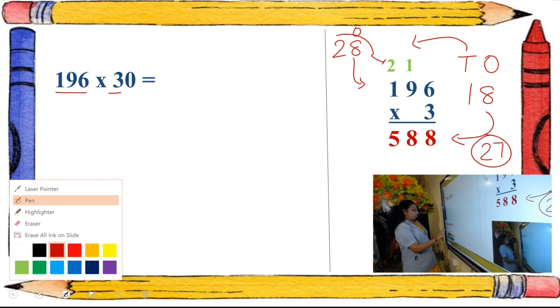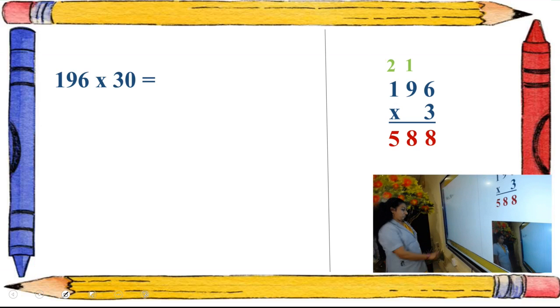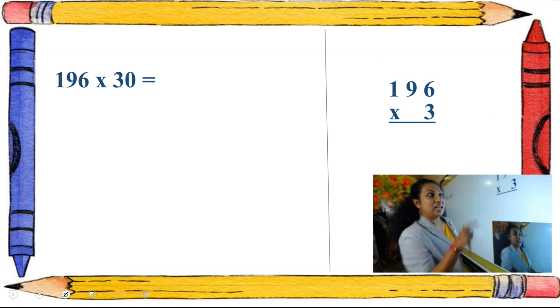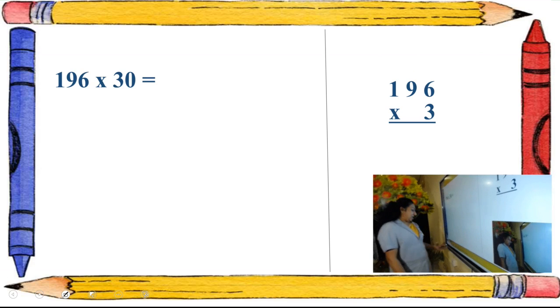Once again I'll explain. 6 3s are 18. So 8 down and 1 above 9.